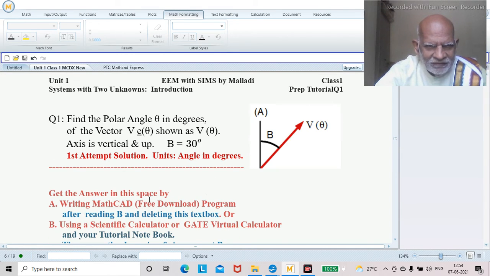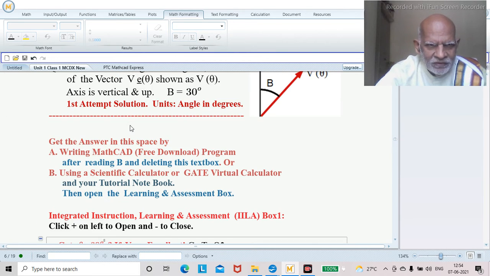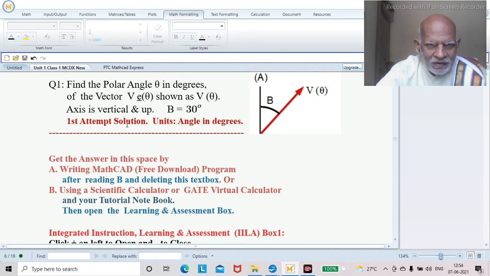Here I have given space to get the answer, but usually in the actual examination it won't be there, because I'm giving instructions here. So I will use the small place to do this. This is A and B. A is 90 and B is 30, given. So I can write theta equal to.